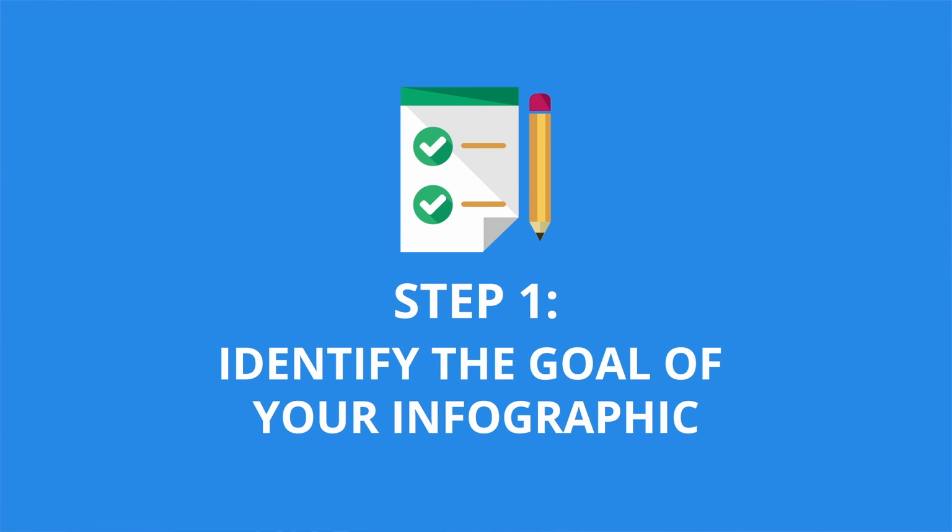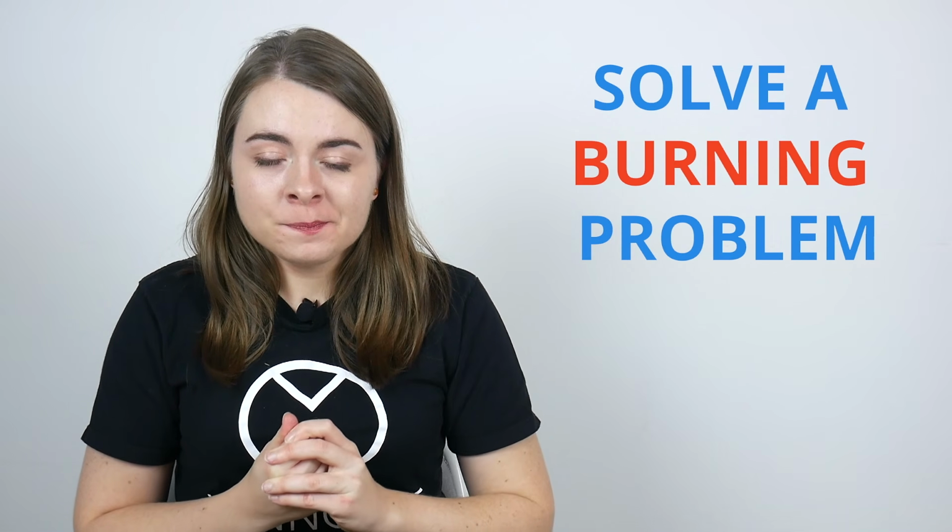The first thing you need to do is identify the goal of your infographic. And this should be a more specific goal than just something like make data engaging for readers. At its core, every viral infographic solves a burning problem. A burning problem is a problem that your target audience faces in their day-to-day lives, or a question that they really want answered.